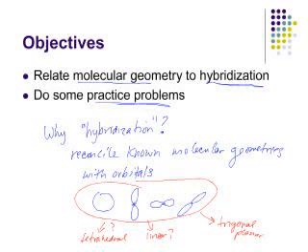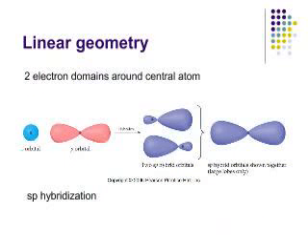So hybridization is our way of mathematically making the orbitals match up with the geometries that we know about. Our focus, however, is going to be on what you really need to know. We'll talk a little bit about how this happens, but we'll emphasize what you need to know.